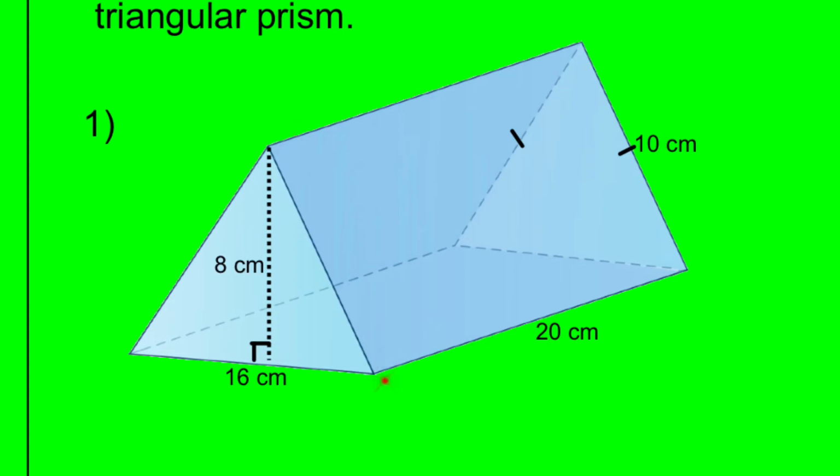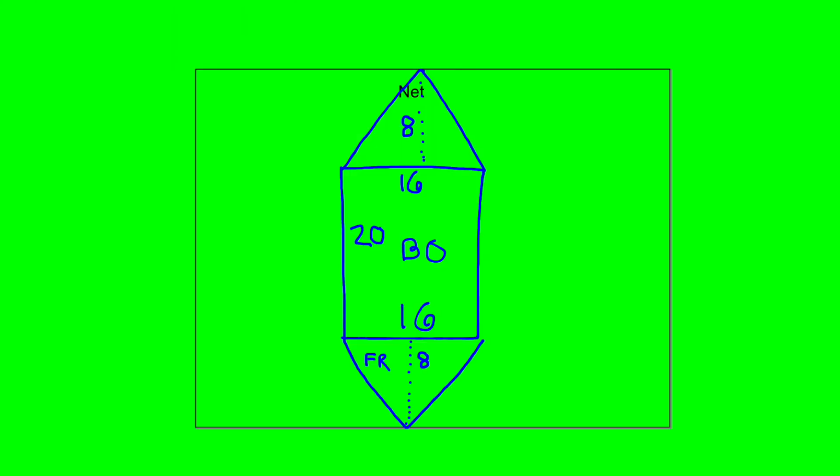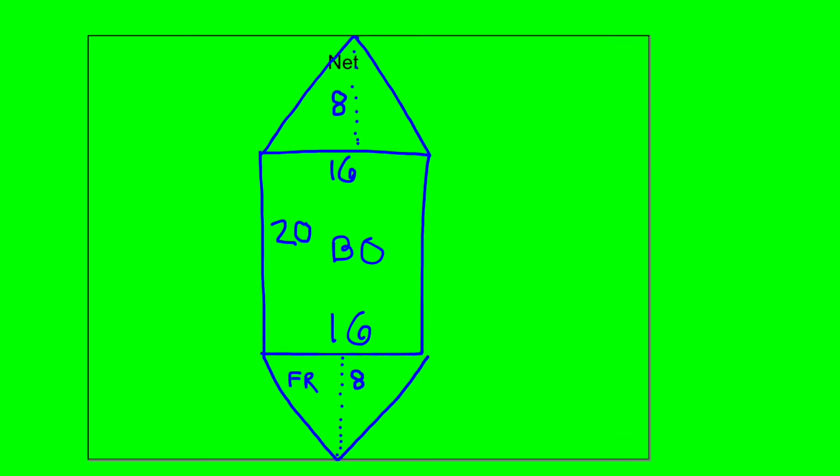The dimensions of this rectangle are 20 by 10. So I'll draw this rectangle out over here, like so. Now that distance we already know is 20, and this distance is 10.